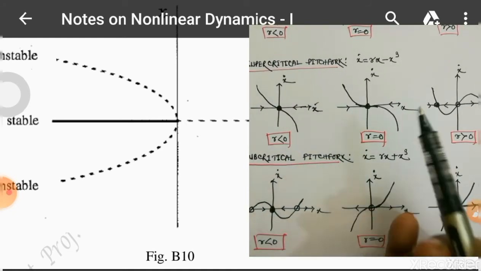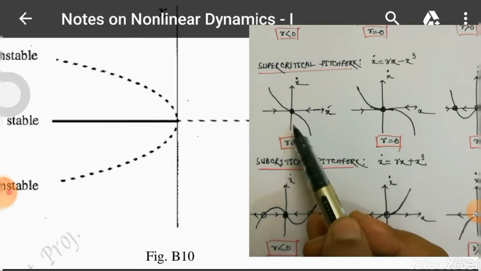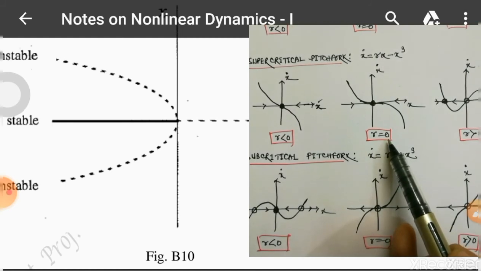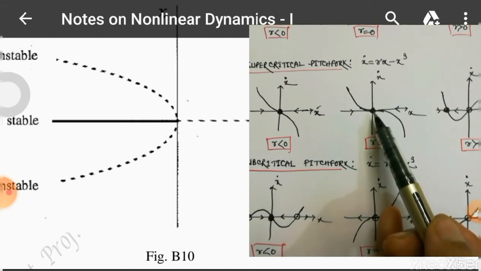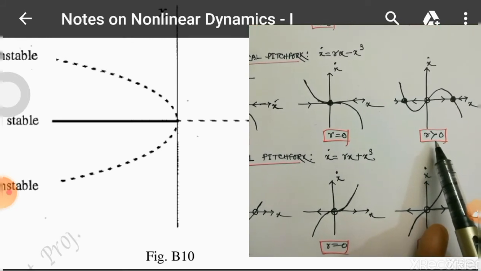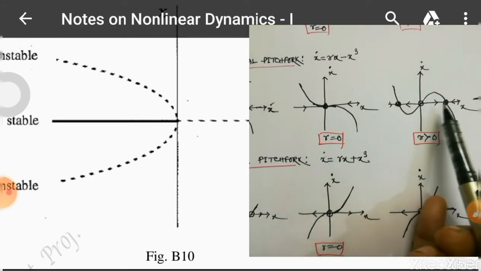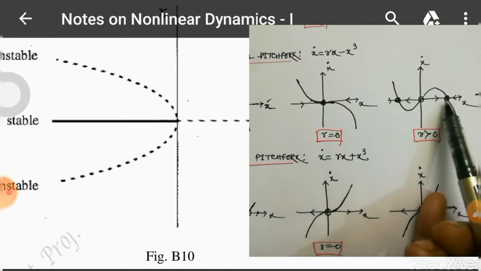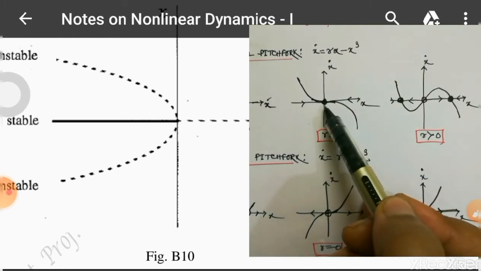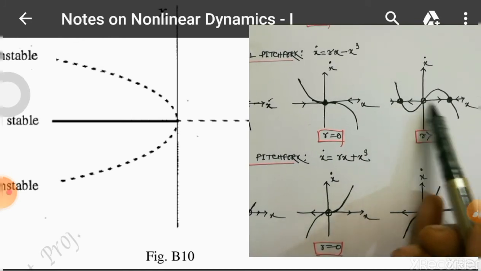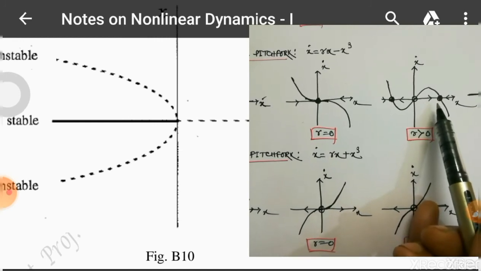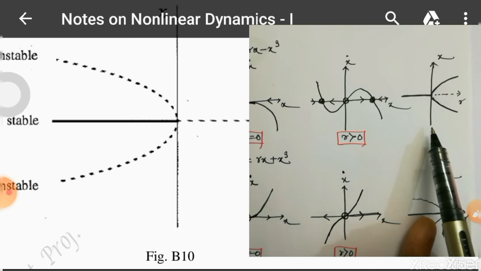For r less than 0 there is only one fixed point, which is stable. For r equal to 0 there is also only one fixed point, and as r becomes greater than 0, two fixed points appear. Now the origin becomes unstable, and these two newly appeared fixed points become stable. The bifurcation diagram looks like this one.